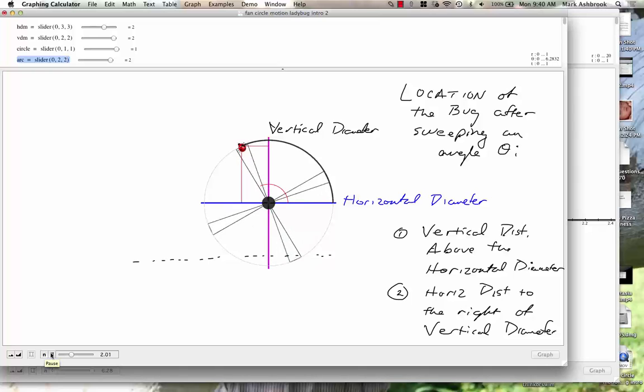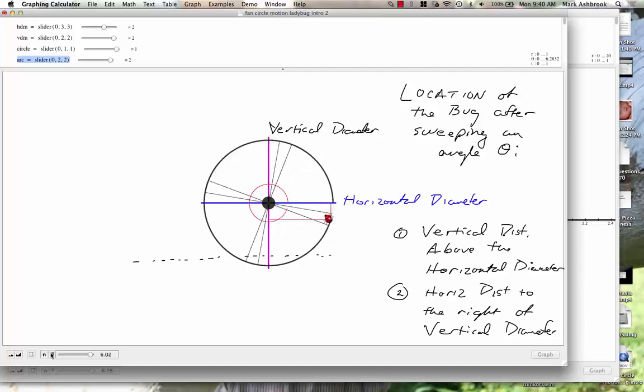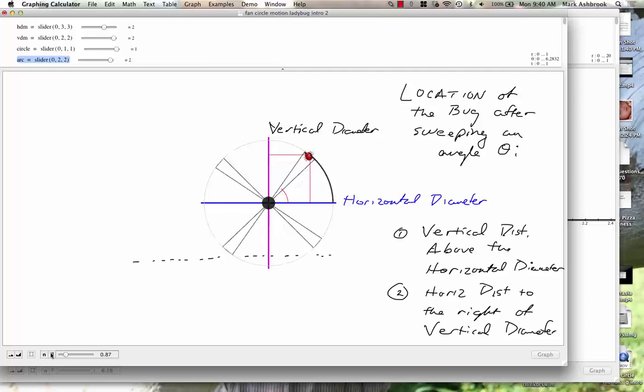So this is the idea of a function. What's the input? The angle is the input.